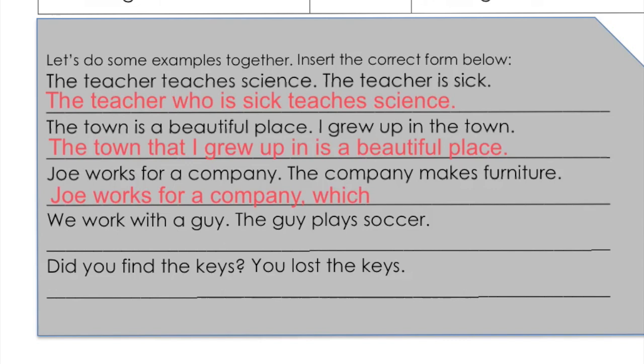Let's finish. How do we finish the sentence? All you have to write is makes furniture. So let's write that here. And there you go. Joe works for a company which makes furniture.